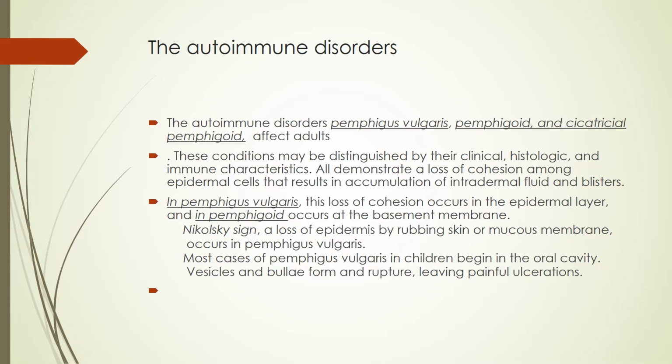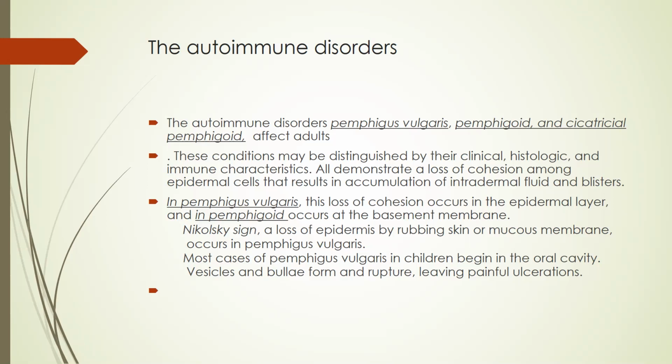All demonstrate a loss of cohesion among the epidermal cells that results in accumulation of intradermal fluid. Cohesion means adhesion, attachment. In all the above, there is a loss of cohesion.